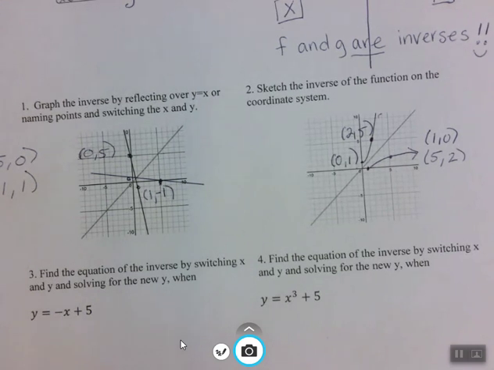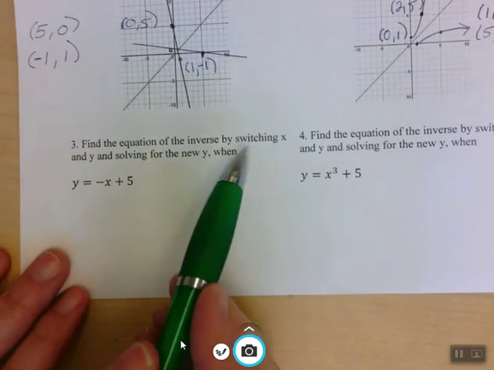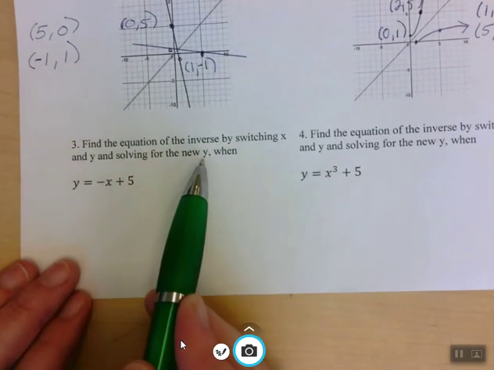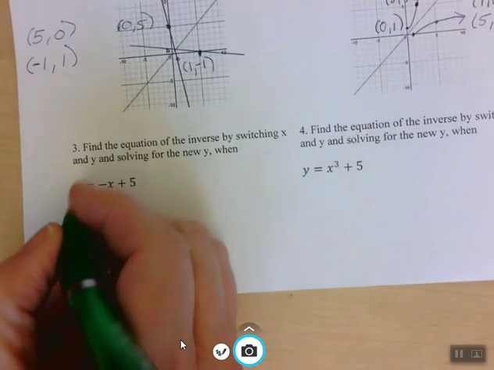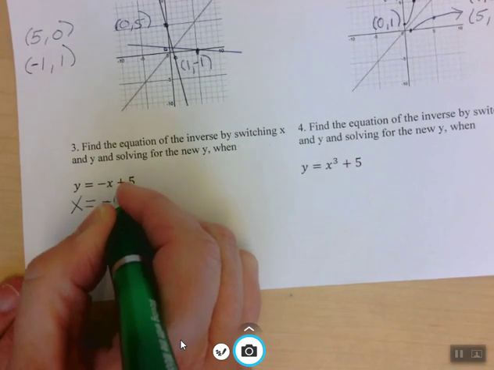All right, what questions do you guys have before we find the inverse of these two functions? Okay, for the last two, what we're going to do is switch x and y and then solve for the new y. So instead of y, I write x, and instead of the x, I write y.